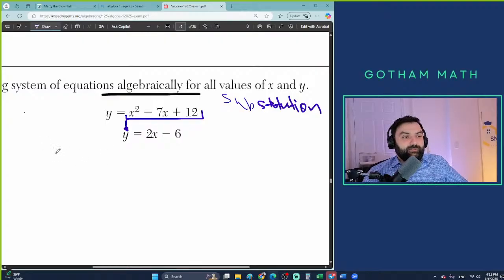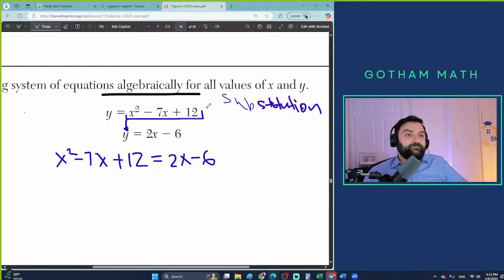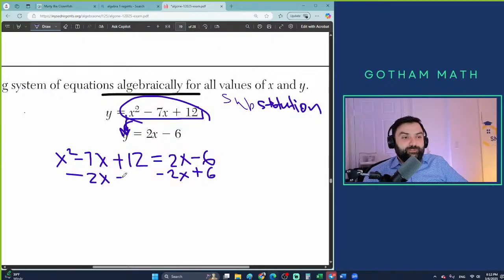So how is it going to look? It's going to be x squared minus 7x plus 12 equals 2x minus 6. This went there instead of that y. Now we have to make sure it equals 0, because that's how we solve quadratics. How? By getting rid of the 2x, and right away getting rid of that negative 6 by adding it to both sides.